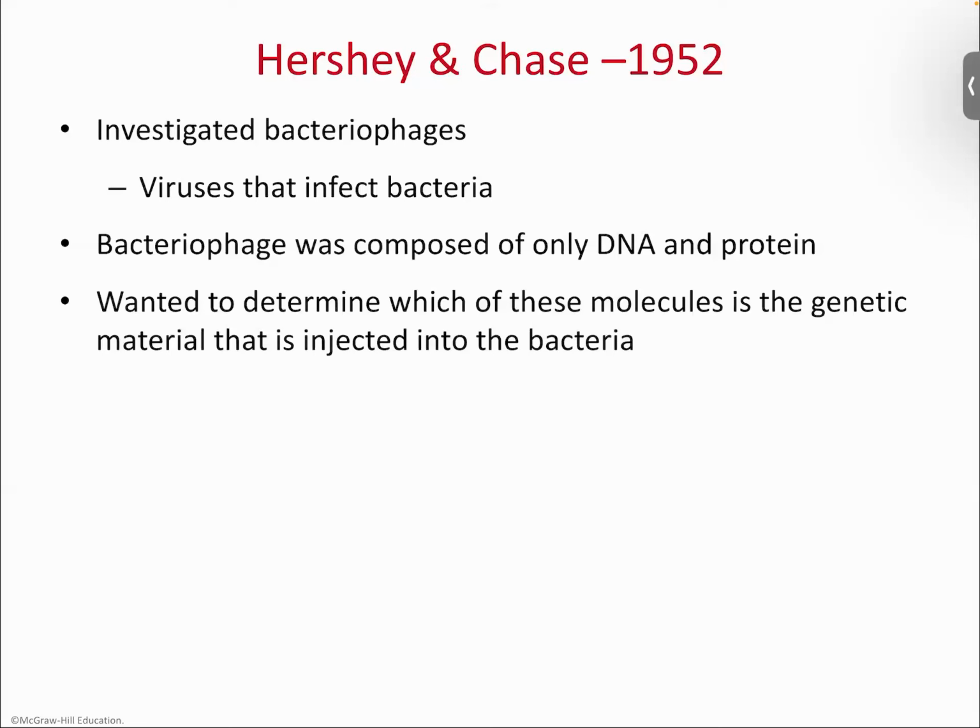And that's kind of where the pushback was on Avery, MacLeod, McCarty, because it was good, but it wasn't rigorous enough and definitive enough to eliminate some of those questions, right? There's just too many variables in a slurry. You've got the entire cell's worth of stuff, proteins, everything. And so you haven't really systematically gone through and eliminated all of those as possibilities. Okay. So that's the reason why people were not as satisfied with Avery, MacLeod, McCarty.